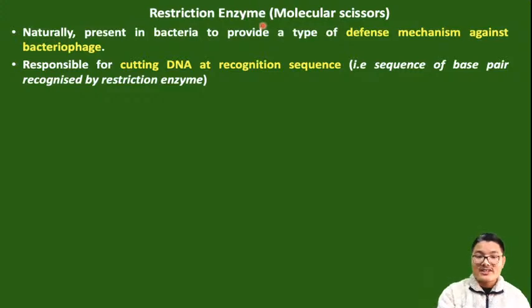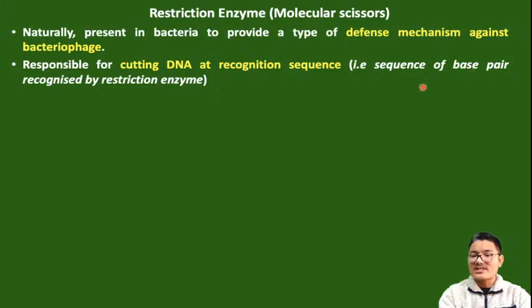So we said that restriction enzymes are responsible for cutting DNA, and the restriction enzyme cuts the DNA at a particular site or region of DNA called the recognition sequence. Recognition sequences are usually sequences of base pairs which are recognized by restriction enzymes. Our DNA has a sequence or order of many nitrogenous base pairs, one after another, right?